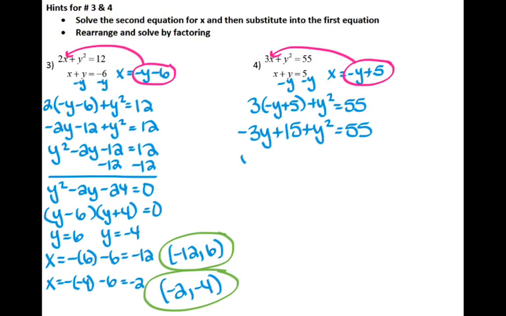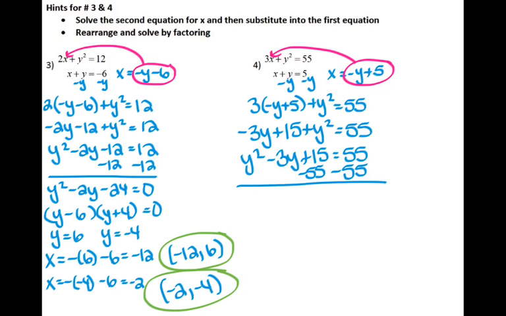I can rearrange. Get it equal to 0. And then solve by factoring. So two numbers that multiply to negative 40 and add to negative 3, that is negative 8 and positive 5.